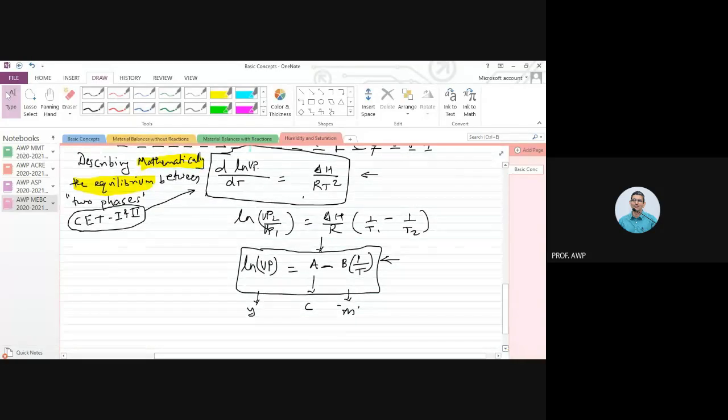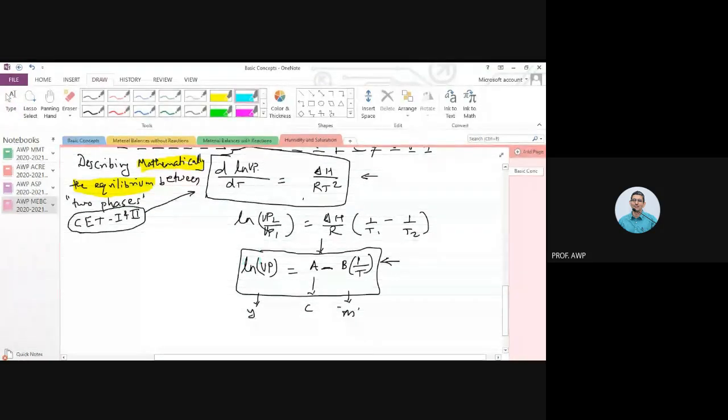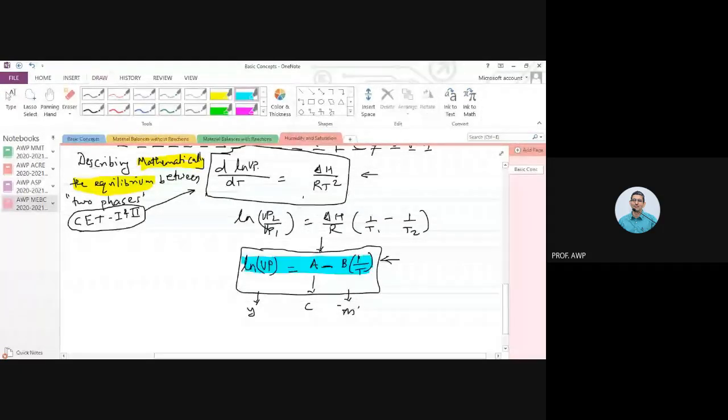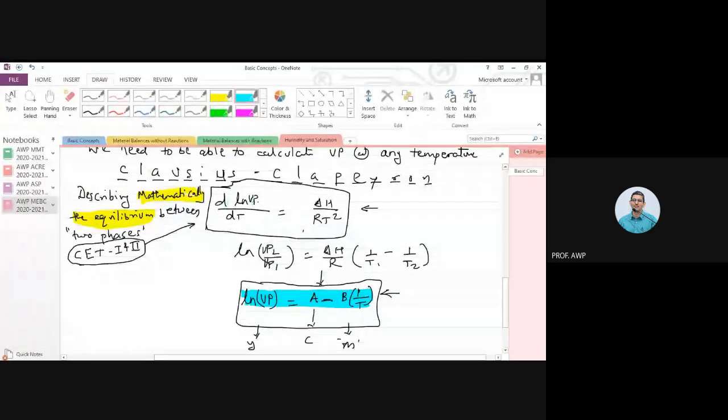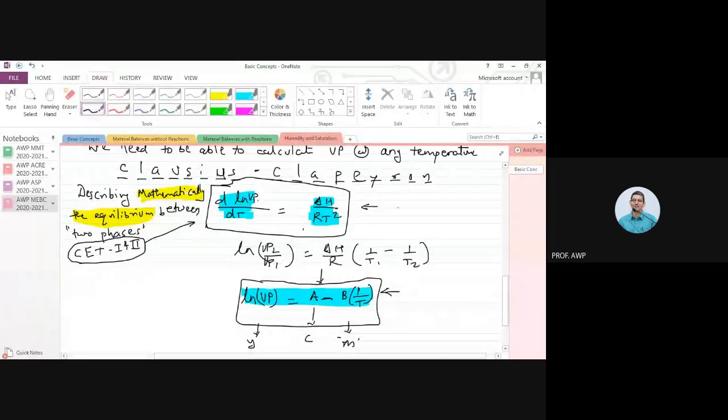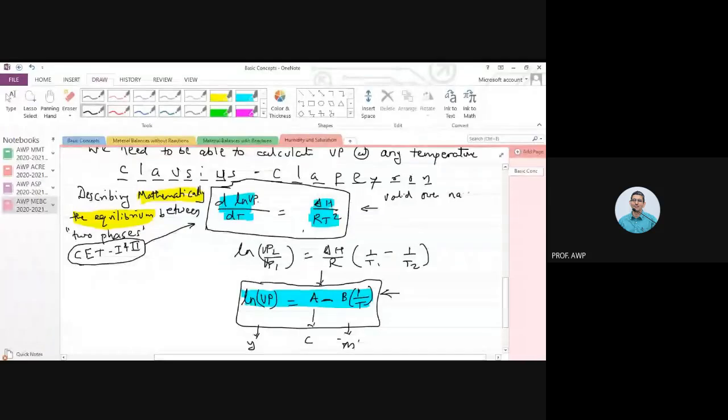Right now, we are just going to use this kind of equation, and we are going to make some small modification to it, because the Clausius-Clapeyron equation is valid over a narrow temperature region.